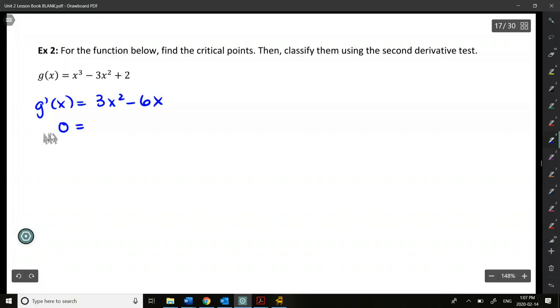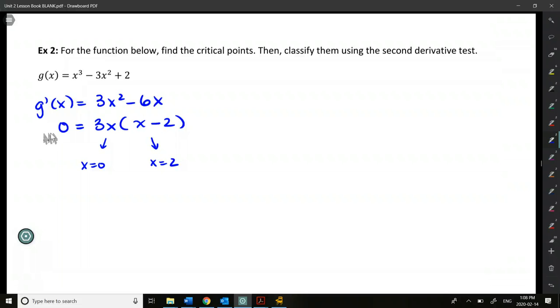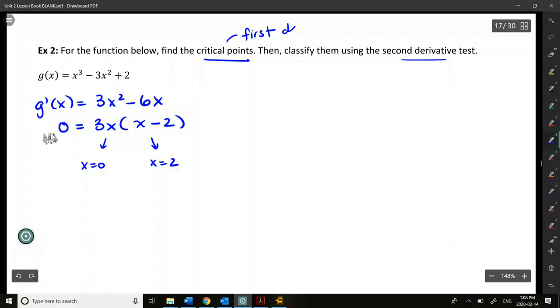And I want to know where the first derivative equals 0 to find the critical number or numbers. So we're finding critical points, which comes from the first derivative. And then we're going to use the second derivative test to classify those points.